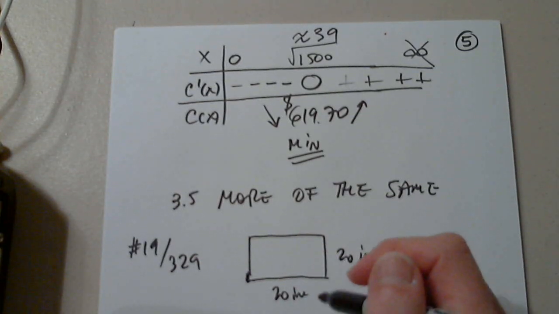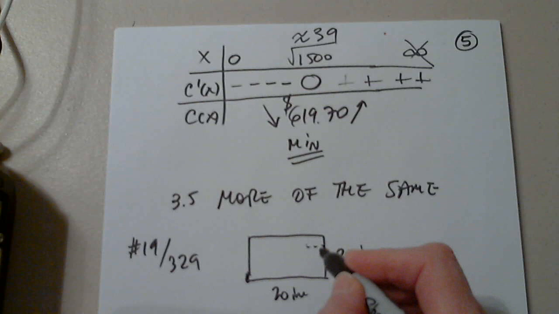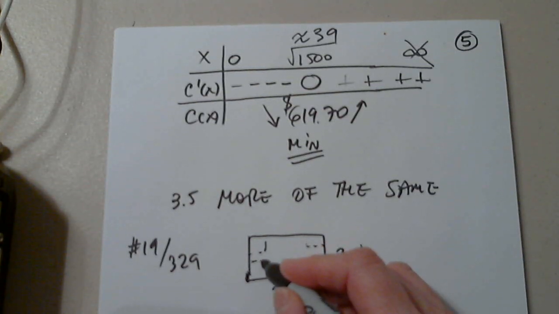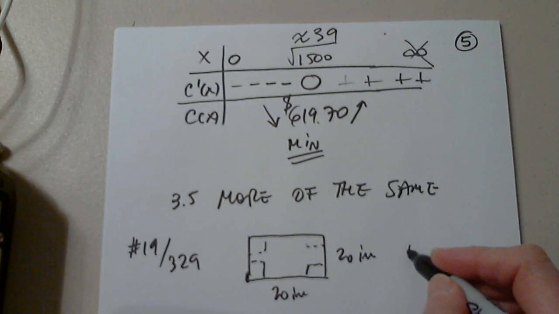I should graph it more like a square. Square corners are cut out so that the sides can be folded up to make a box. Fine. Right? What dimensions will yield a box of maximum volume? What is the maximum volume? So we want max volume.